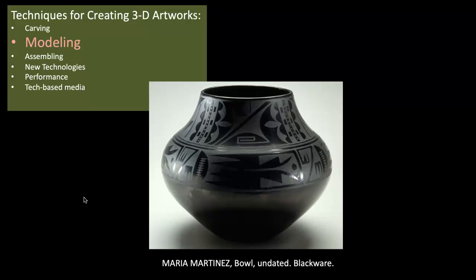And more often than not, this involves not a subtractive process, but an additive process as the medium is added or built up to create a sculpture, or perhaps manipulated to create a bowl shape.